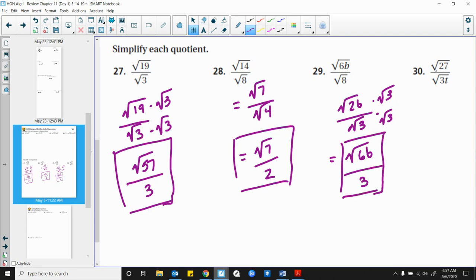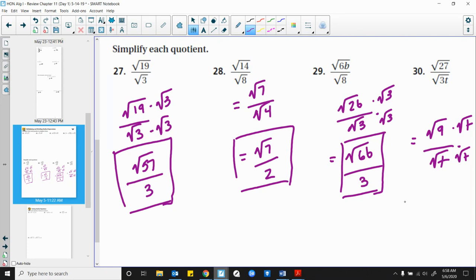On the last one, I'm going to go right to simplifying. If I simplify this here, this actually turns out to be really easy. 27 over 3 simplifies to just radical 9 over radical t. Okay. And we can go ahead and rationalize now. So we're going to multiply this by radical t, and we're going to multiply this by radical t.